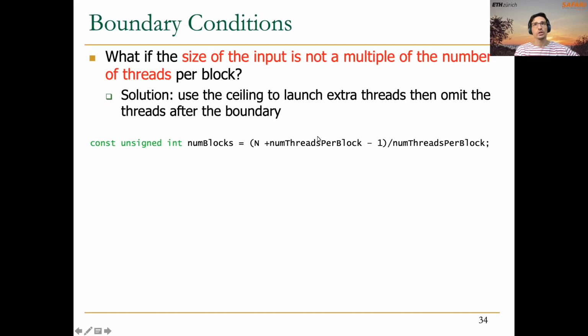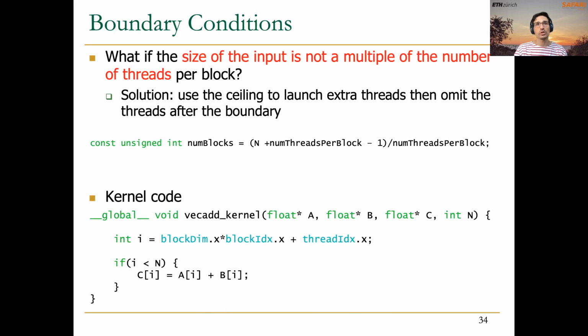Here you see that we want to use, for example, 512 threads per block, but we want to round up the number of blocks that we launch to a number of blocks with the corresponding number of threads that spans the whole arrays of n elements. And the code is going to look like this. Inside the kernel code, we obtain the index and then check if the corresponding index is still inside the arrays, that is, smaller than n.